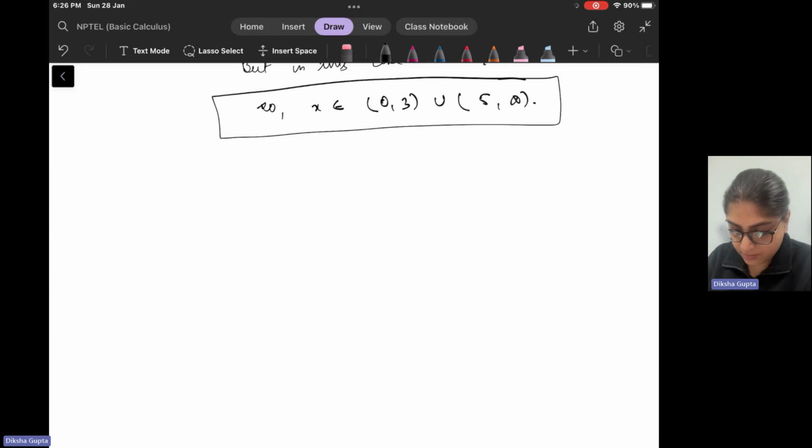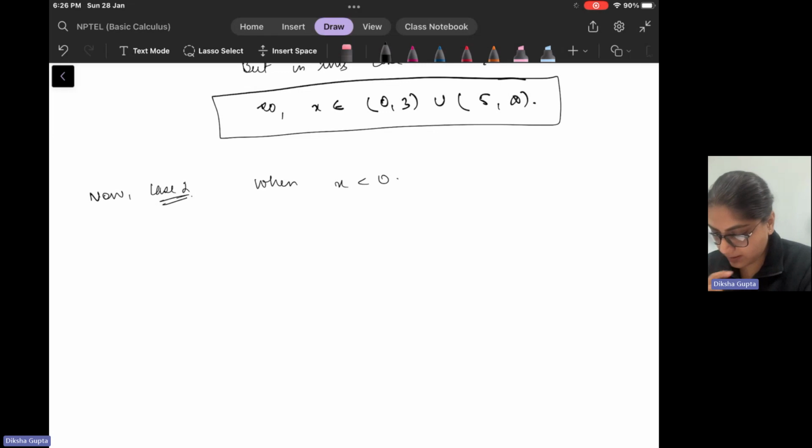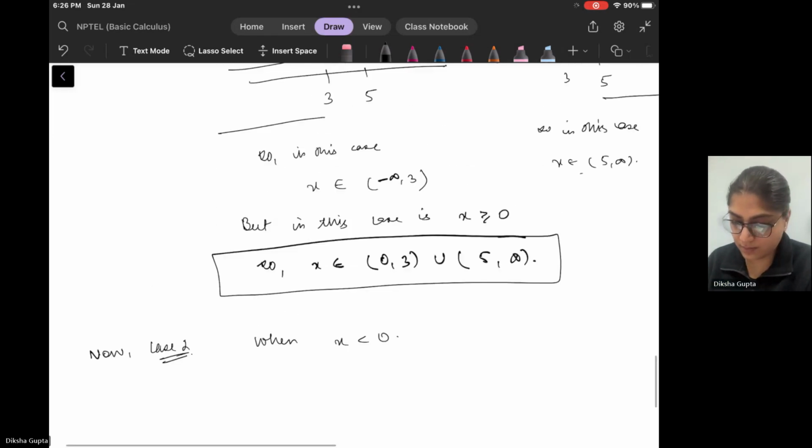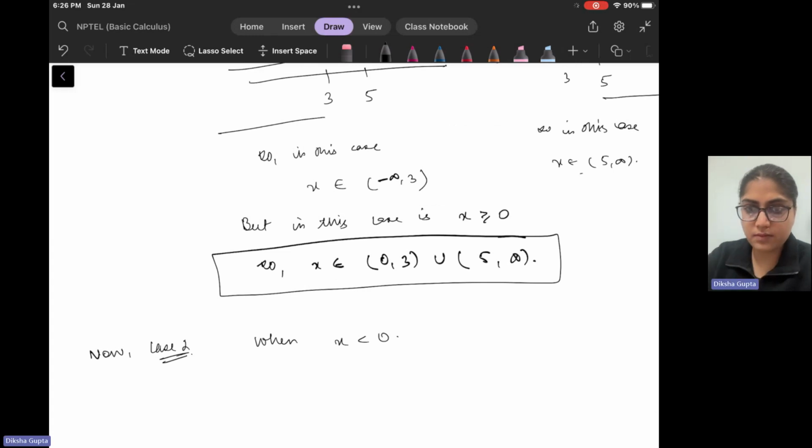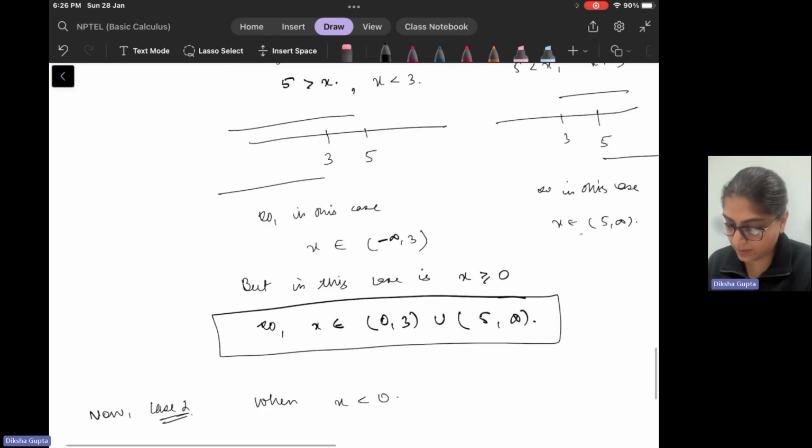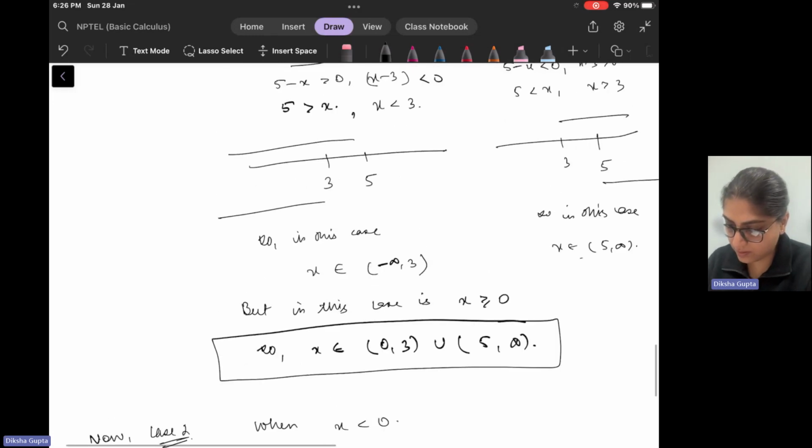Now case 2, similarly, when x is less than 0. In fact, here x was greater than equal to 0, so we can include 0, right?